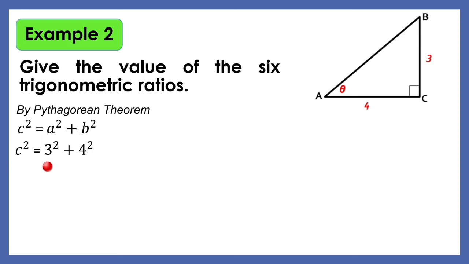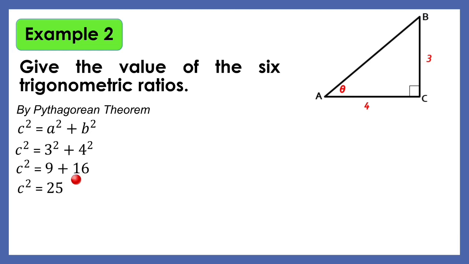C squared equals 3 squared plus 4 squared. Then solve. C squared equals, ang square ng 3 is 9, plus ang square ng 4 is 16. Then add natin 9 plus 16, that is 25.